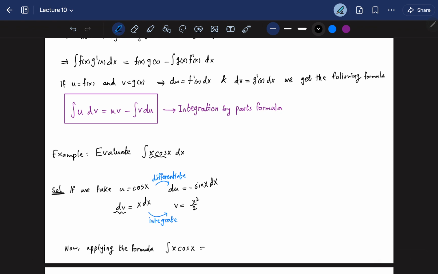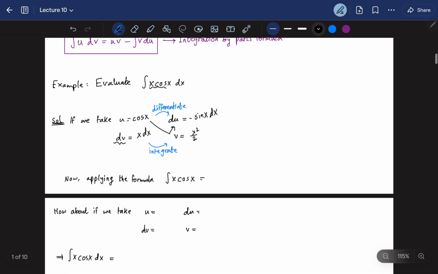Then we are going to apply the formula. So it's just u times v minus v times du. So this is going to be x squared over 2 cosine of x minus, always, the integral of v times du.